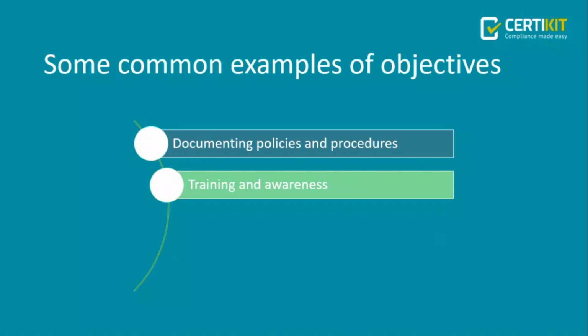Training, yes, it is a requirement of the standard for 7.2, the competencies of your staff required for running the management system. Training can be used as an improvement and as an objective to say that we are going to increase the competency of our assistant health and safety officer by putting them through a NEBOSH course.